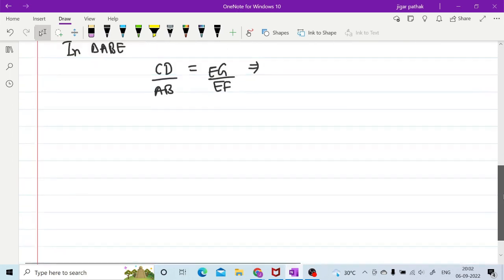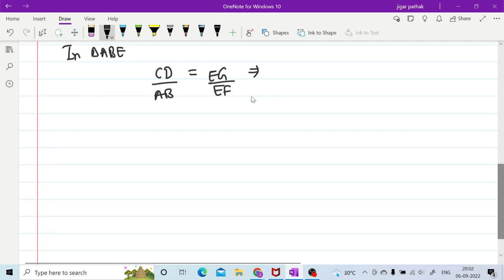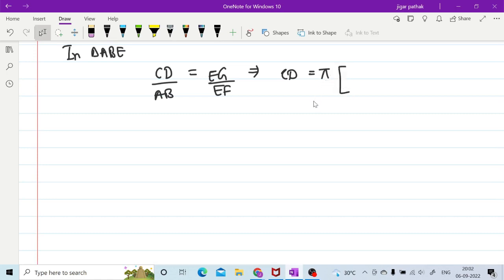So CD is equal to, AB is nothing but pi, and EG is 35259 minus 2938.2 upon 35259. When you simplify this, you can find this CD.